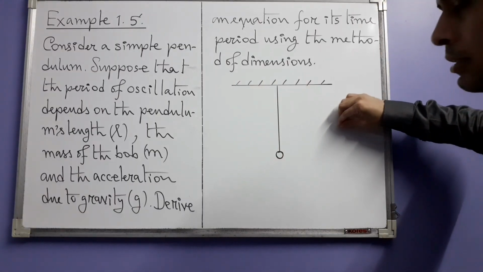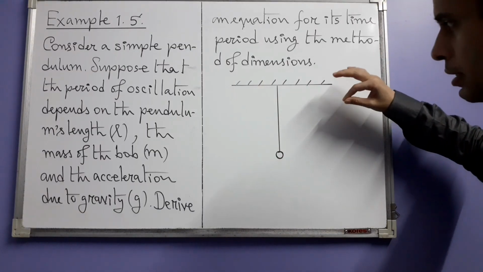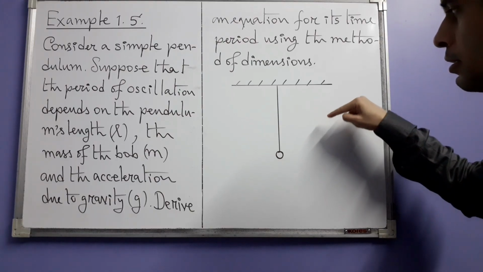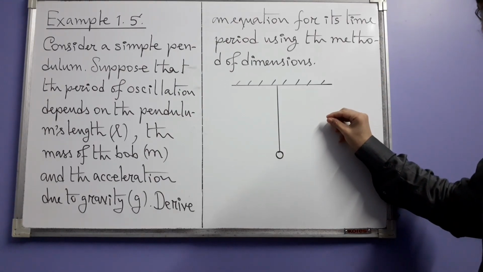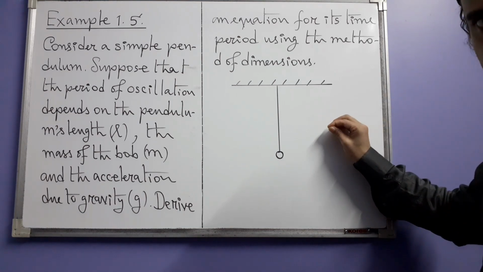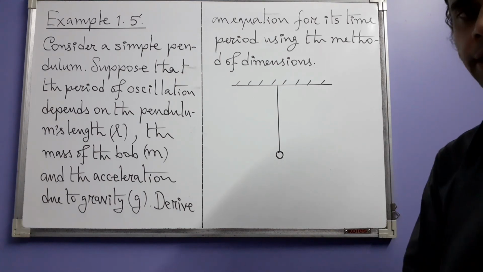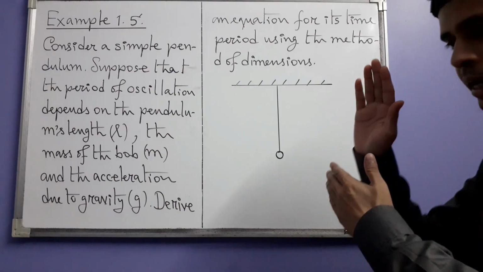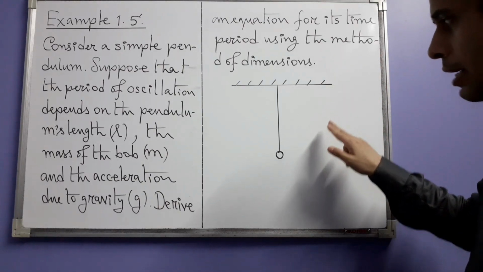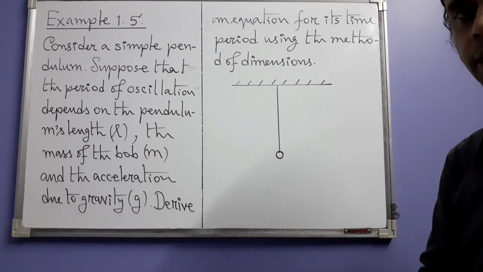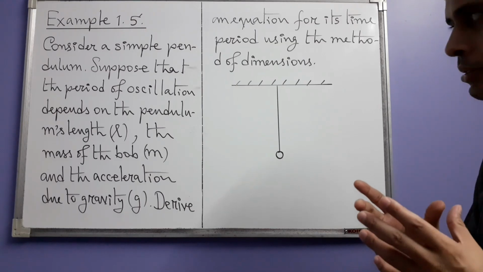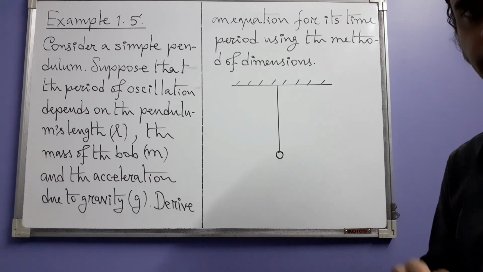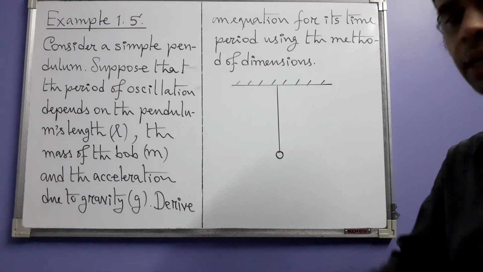So the moment you are releasing the pendulum and it has just started its journey, the time it takes to again come back to that position from where you released it, that is one oscillation. And the time that it takes to make one oscillation is the time period. So let's now see how we can use dimensions to figure out the structure of the formula for the time period in terms of these other things.